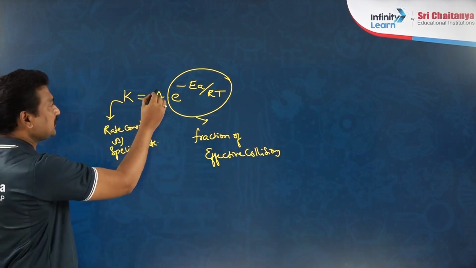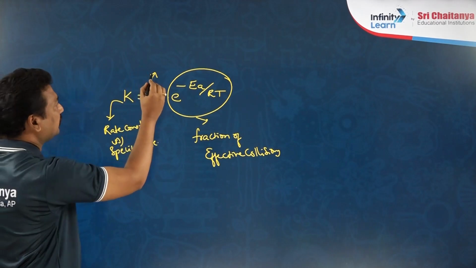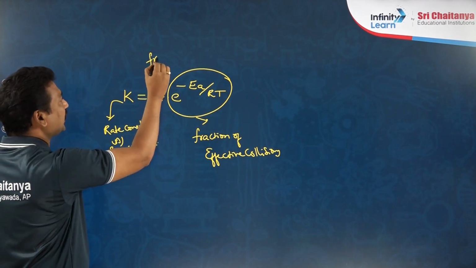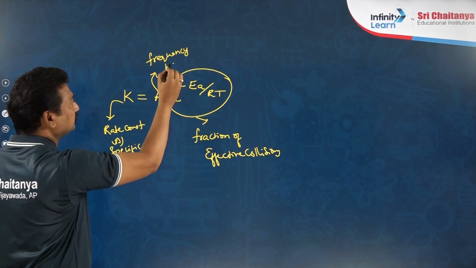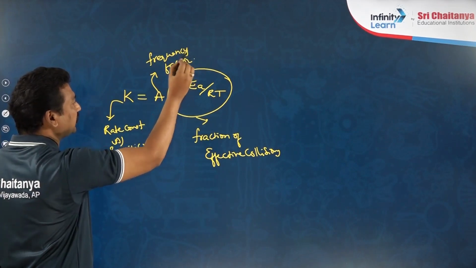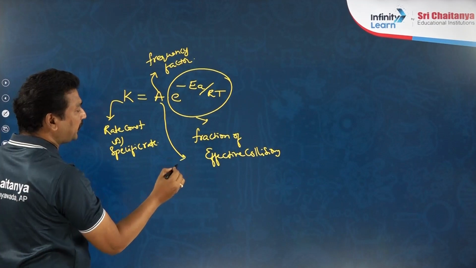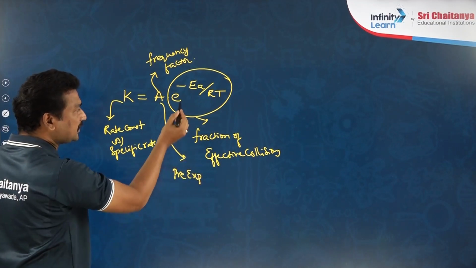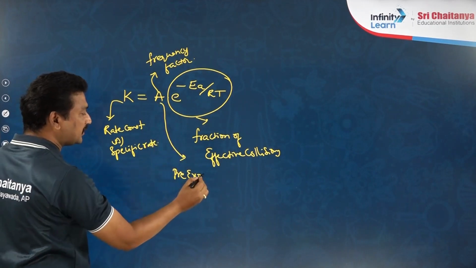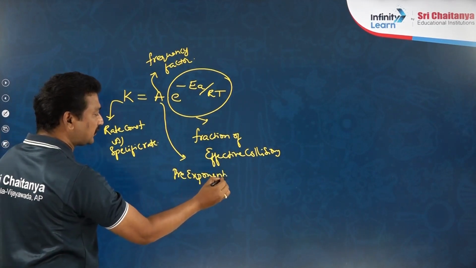Where A is the Arrhenius factor, or frequency factor, or pre-exponential factor. Since it is preceding the exponential form, it is known as the pre-exponential factor.